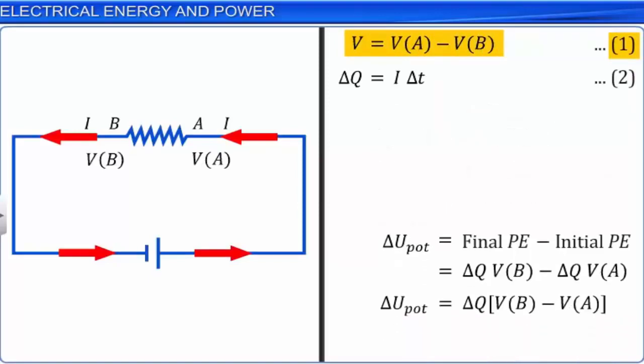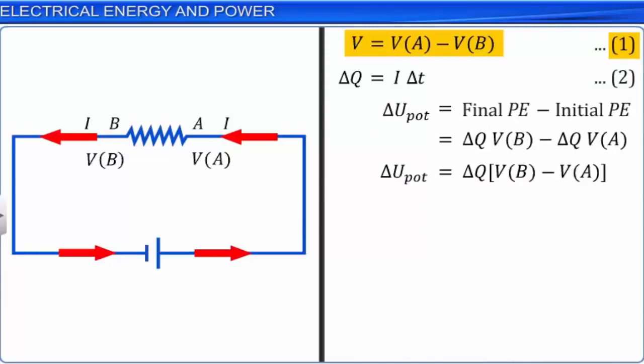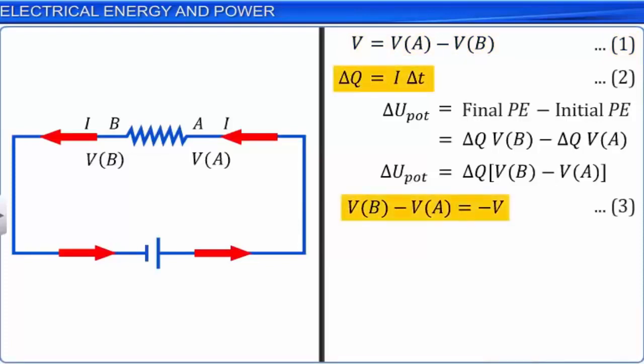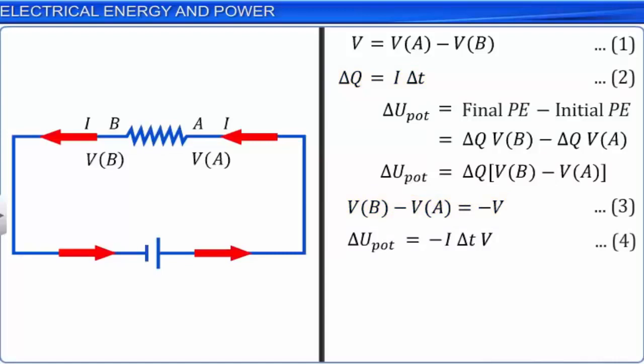Therefore, VB minus VA is equal to minus V. Let this be equation 3. From equations 2 and 3, delta U potential is equal to minus I delta t V. Let this be equation 4. Since the value of delta U potential is negative, it is less than 0.